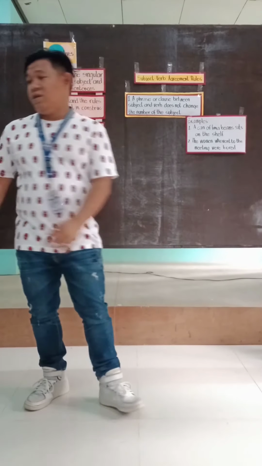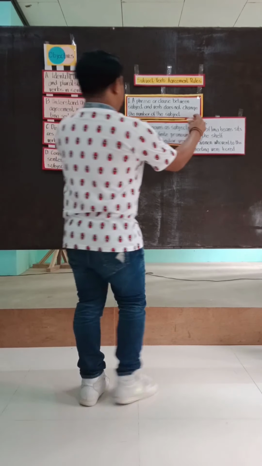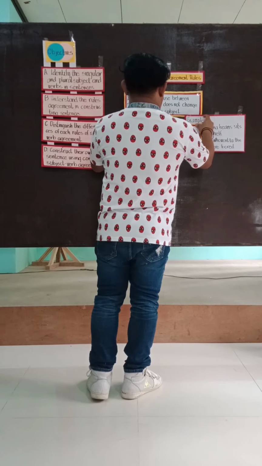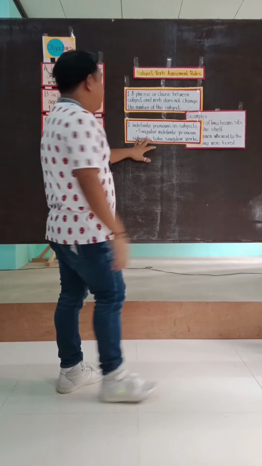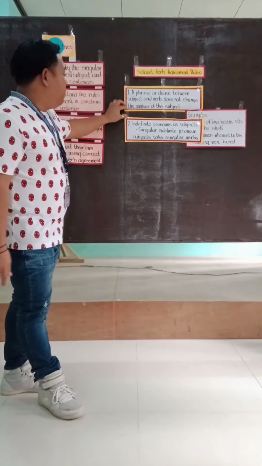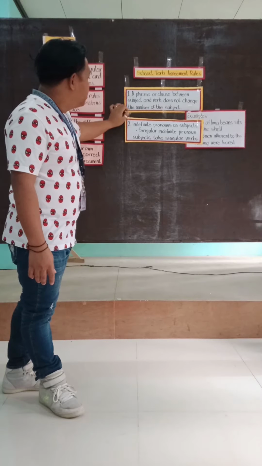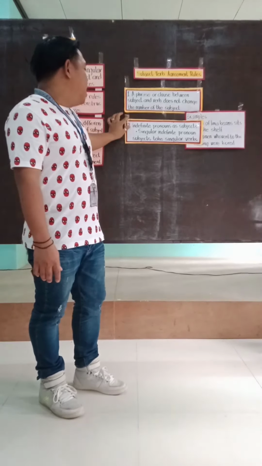Go to the second rule of subject-verb agreement. The second rule is the indefinite pronoun as subject. In the second rule, there are 3 parts of indefinite pronouns. The first part is the singular indefinite pronouns.